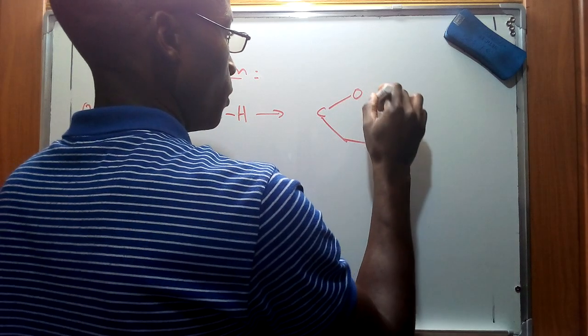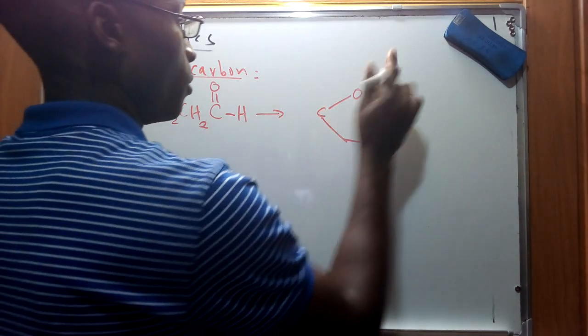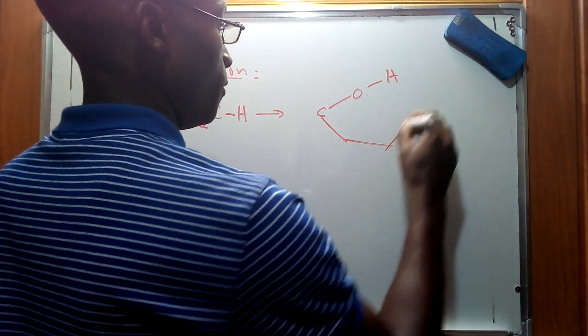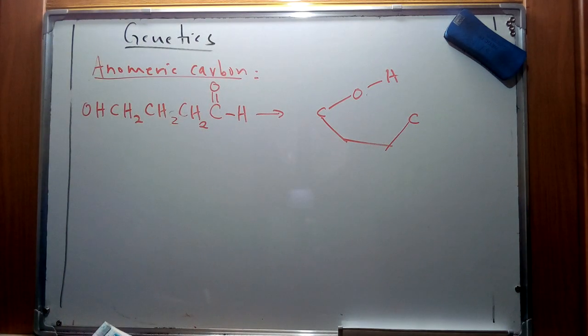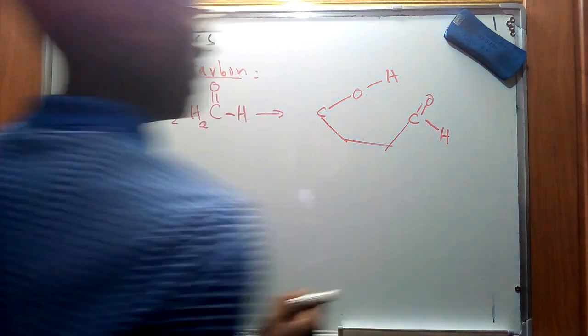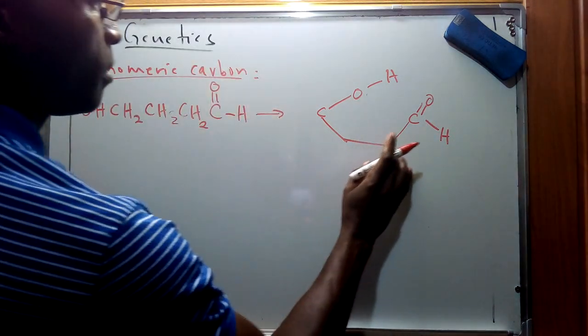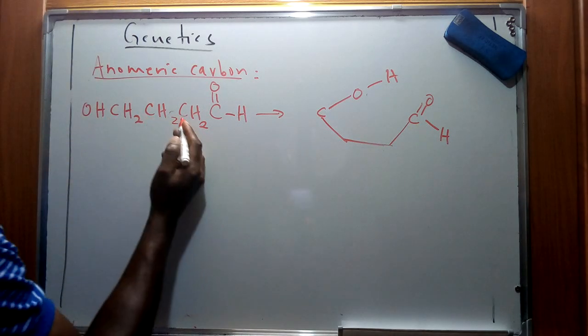Let me draw those carbons to show those specific points. We're going to have this OH group at this point, and this is the carbonyl carbon of the aldehyde that I'm going to show here. We're going to have a rearrangement whereby we have 1, 2, 3, 4 carbons, 1, 2, 3, 4.